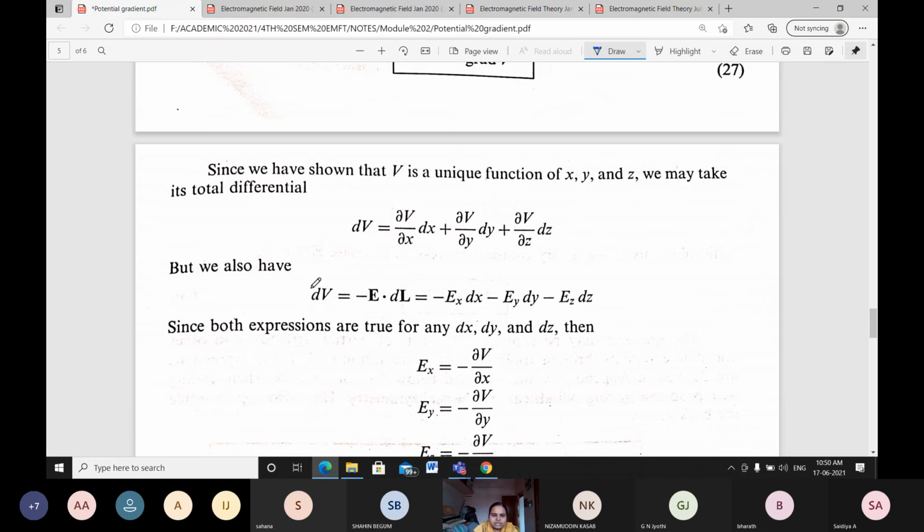We can also write dV equals minus E dot dl. Therefore, I can write minus Ex dx minus Ey dy minus Ez dz.